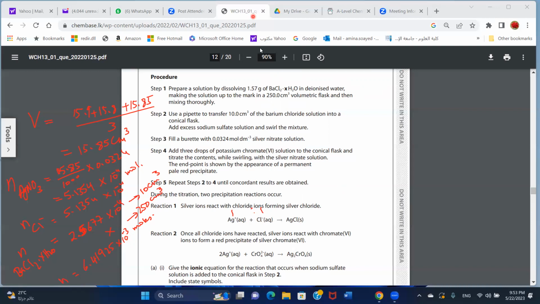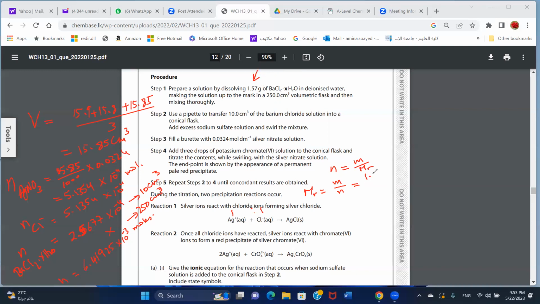So how are we going to get it? The MR equals the mass over the number of moles, isn't it? So what is the mass? They gave us the mass of the whole compound, 1.57.